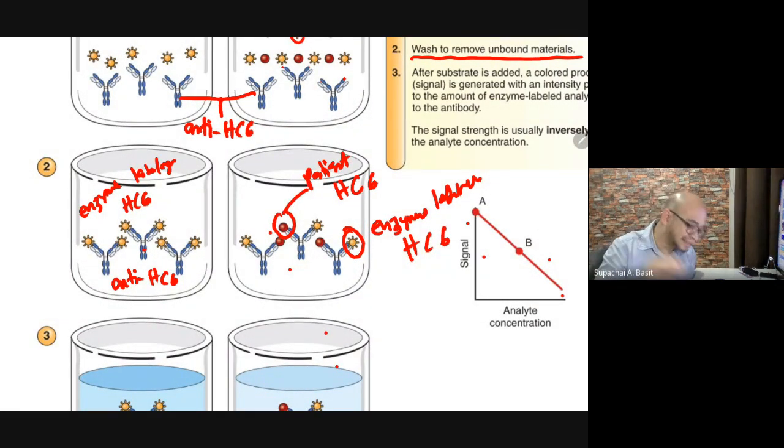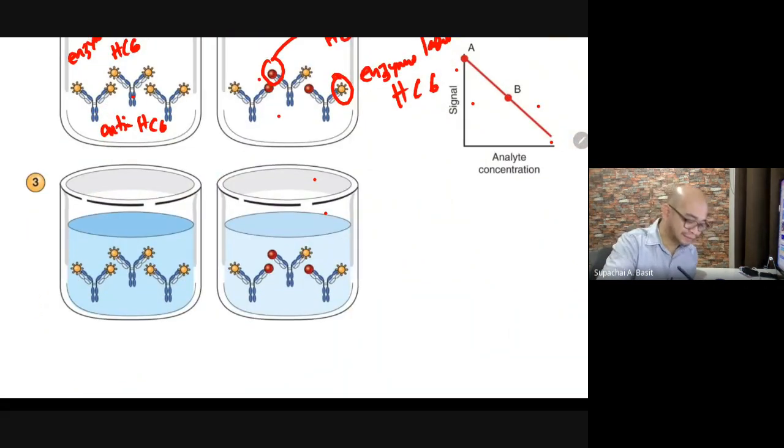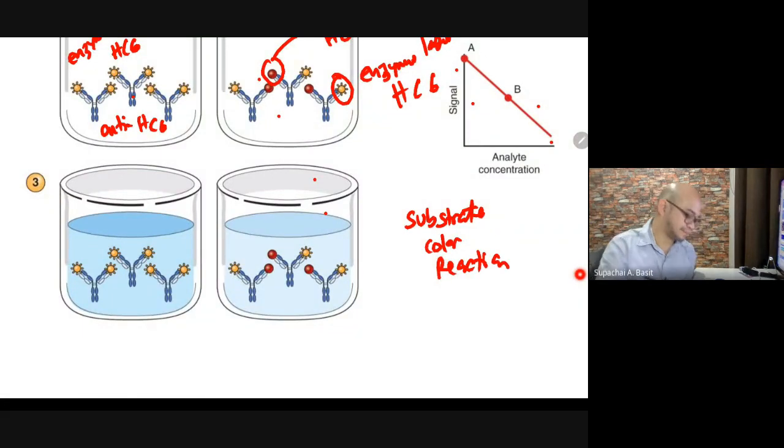And then we add substrate. A substrate is actually the substance being acted upon by the enzyme, and adding the substrate will have a color reaction.